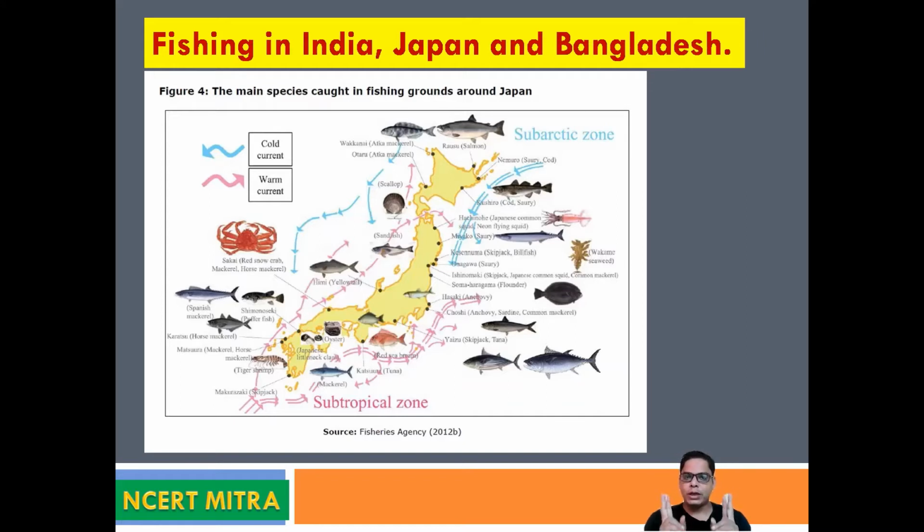These are the two types of fishing they practice. Inshore fishing is within 5 to 8 kilometers of the coastal area, and deep sea fishing takes place far away in the deep sea.